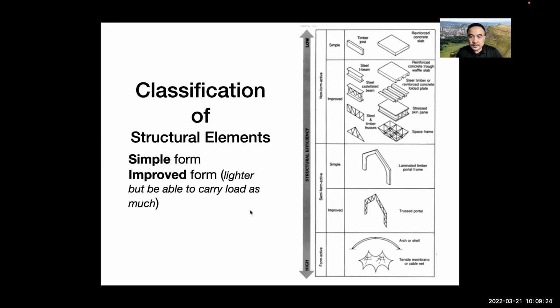Semi-form active, you see a simple one, a laminated timber frame or trussed portal frame. And the advanced form active is like a membrane or tensile structure, like when you have a tent, right? The roof of the tent is a tensile structure. It's a membrane that covers the space and provides a different form.